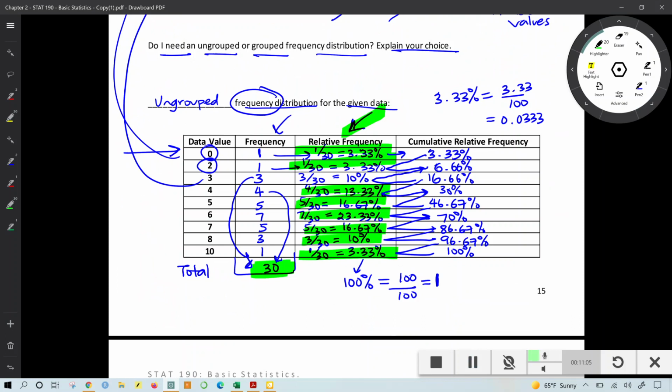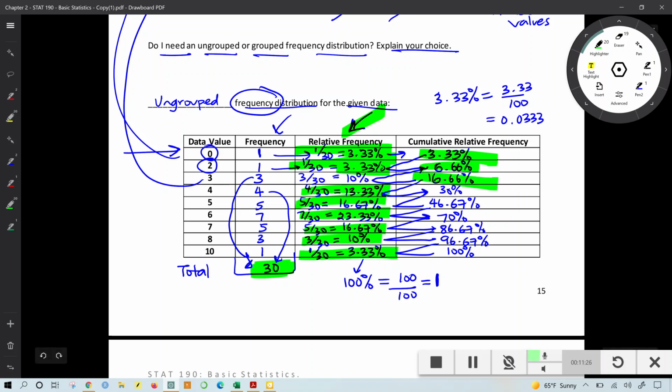So to get the first cumulative relative frequency, it is always the same as the first relative frequency. The second cumulative relative frequency is the addition of the first and second relative frequencies.